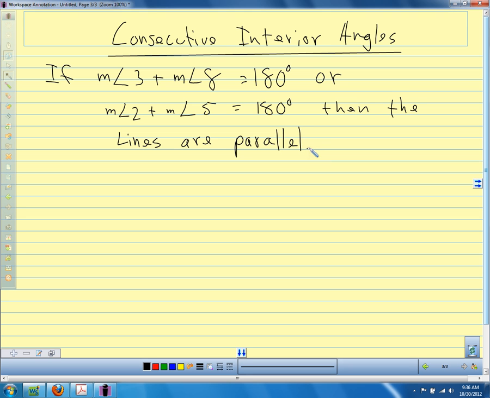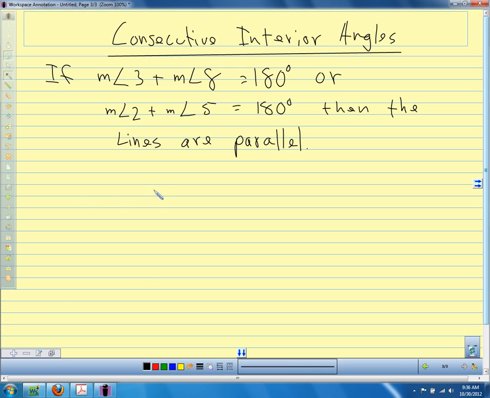So if we know that the same side interior angles or consecutive interior angles are supplementary, they add up to 180 degrees, then the lines are parallel. That's another way we can show that lines are parallel. If we know that these angles add up to 180 degrees, that guarantees that our lines are parallel. So now we have 3 ways that we can prove that lines are parallel.